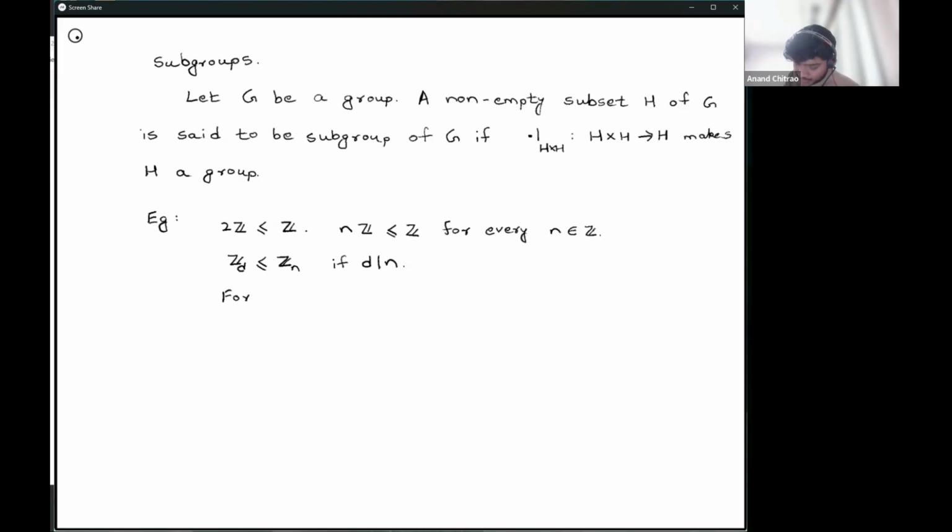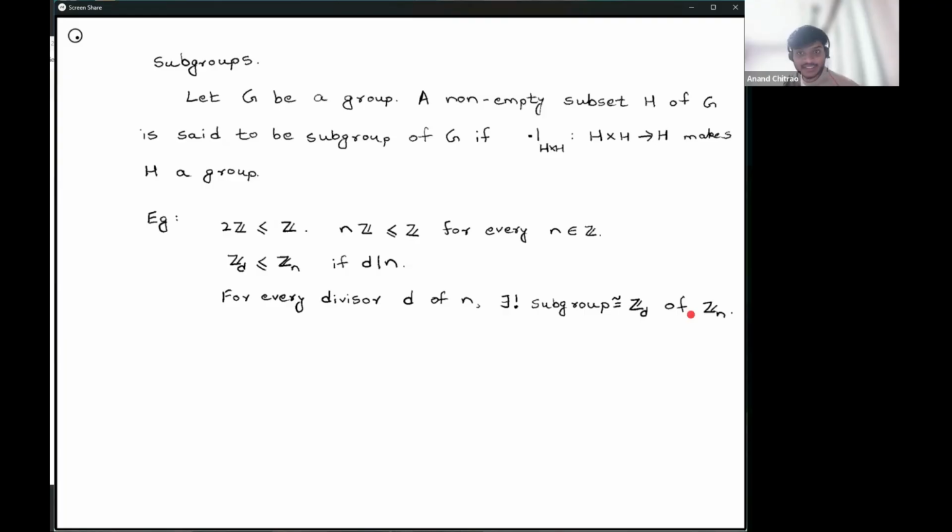For every divisor d of n, there exists a unique subgroup isomorphic to Zd of Zn.